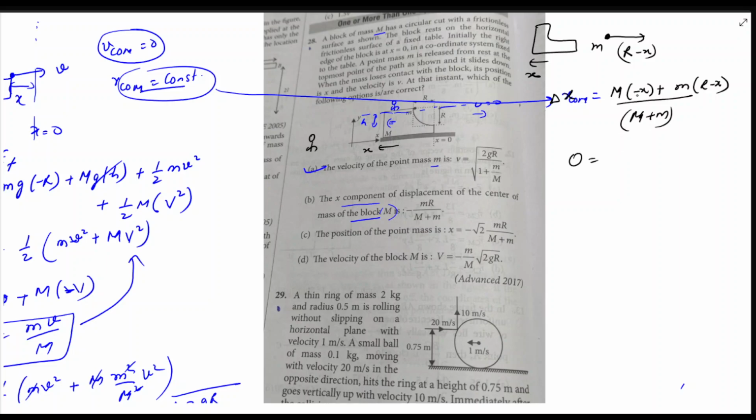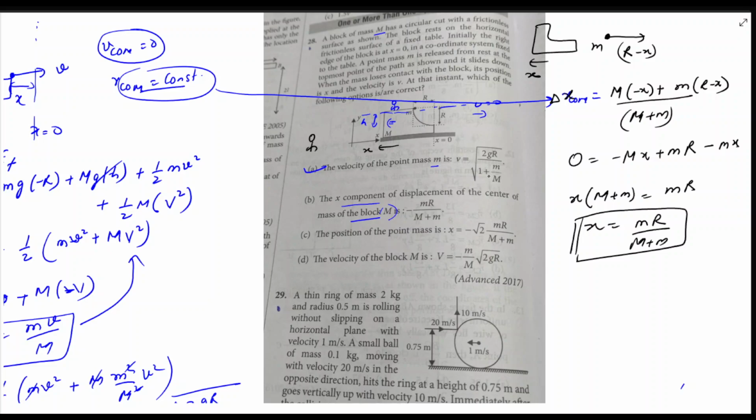So we have minus M x plus small m capital R minus small m x. So these terms will go here. So x into capital M plus small m is equal to small m R. So x will turn out to be small m R upon capital M plus small m, right?